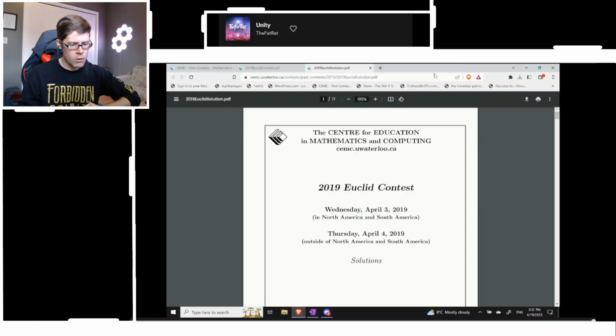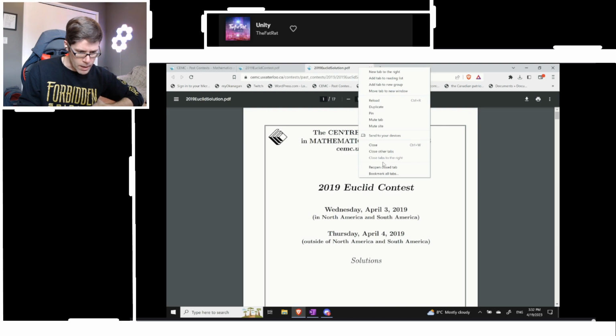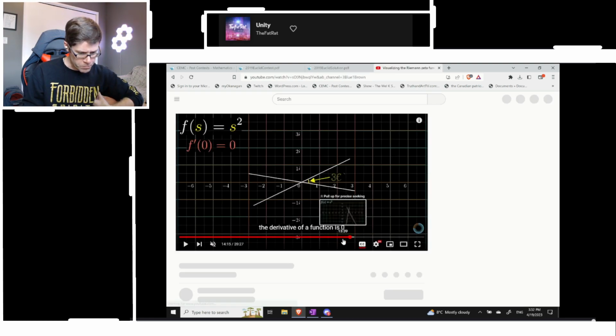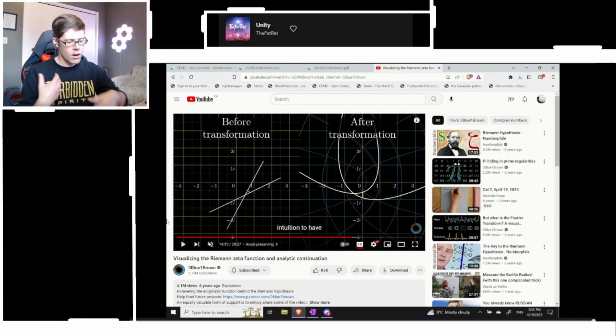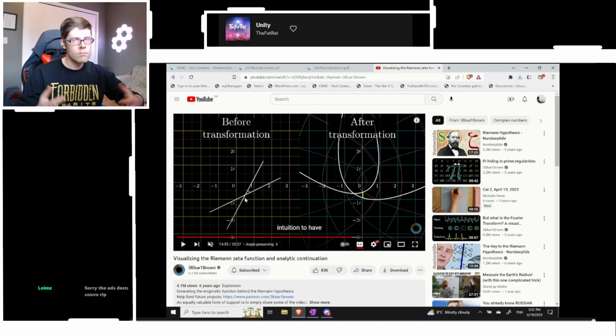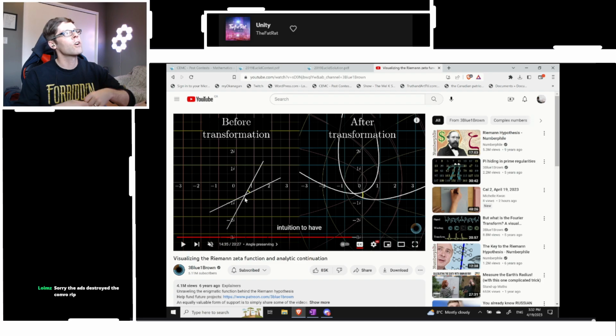But a lot of the work that I did, I think I closed my tab, a lot of the work that I did was in conformal mapping. So it's this idea of when you're working with these complex functions, and you're working with, what are they called? They're not called lines. Kind of though.